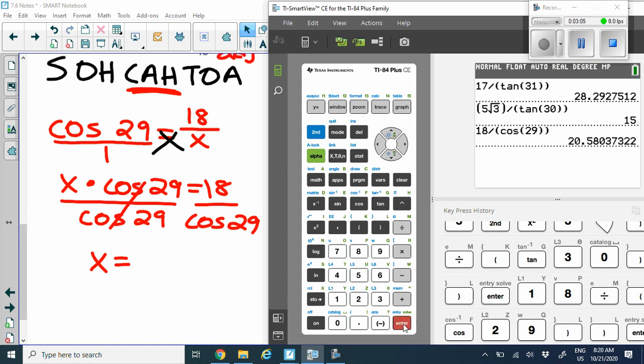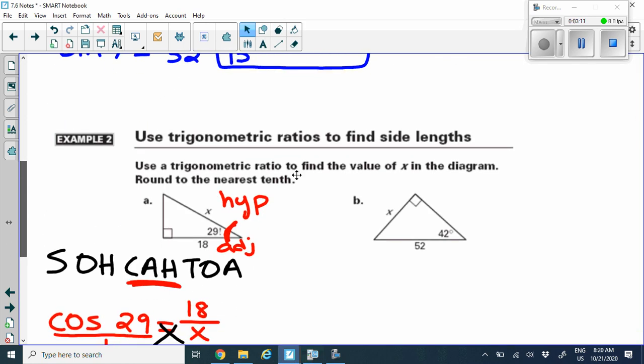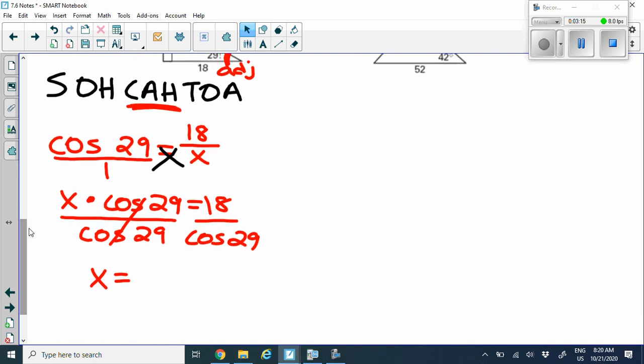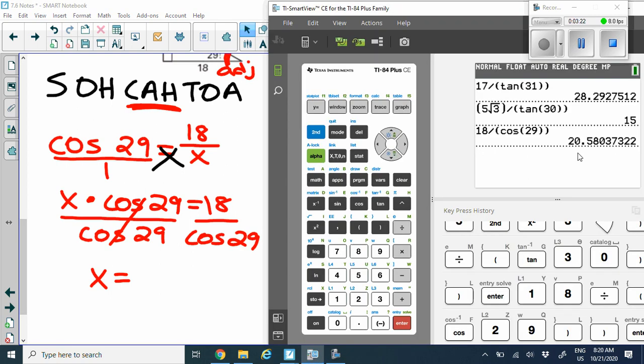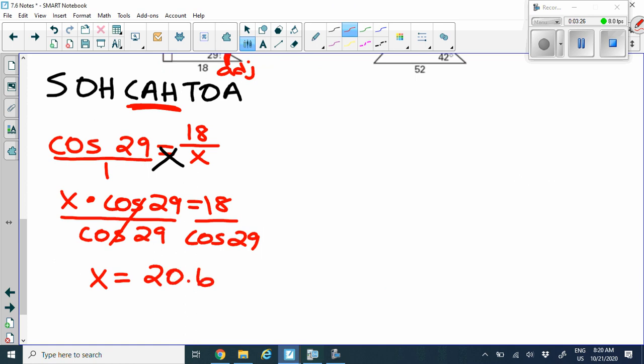And then we press enter. So now we have 20 point, and I think it said we round to the nearest tenth, so that is 1 decimal place. Notice that there's an 8 after the 5, so we need to round up. So we're going to do 20.6 here. And that would be our side, that value.